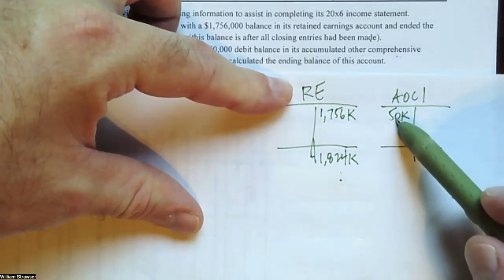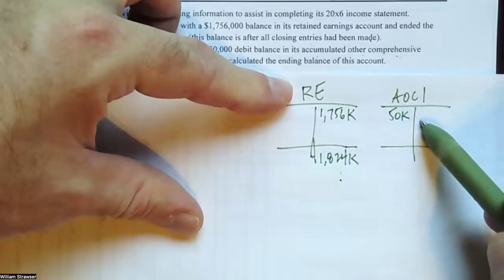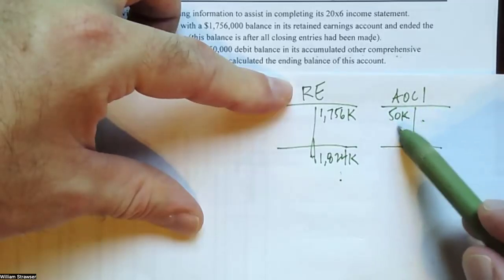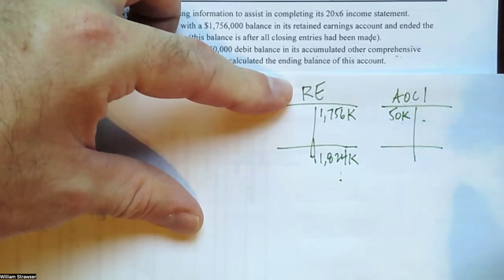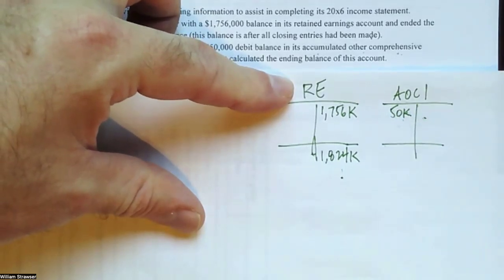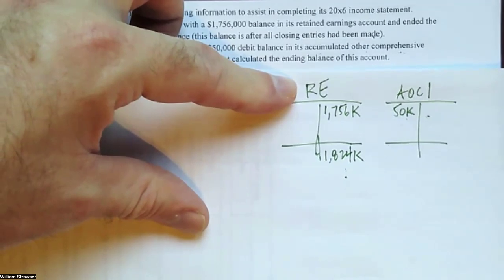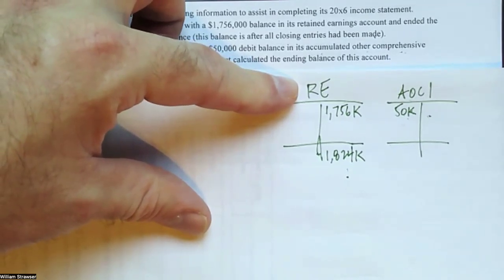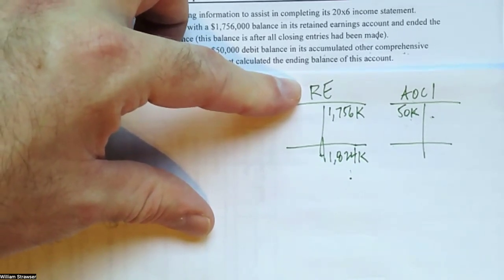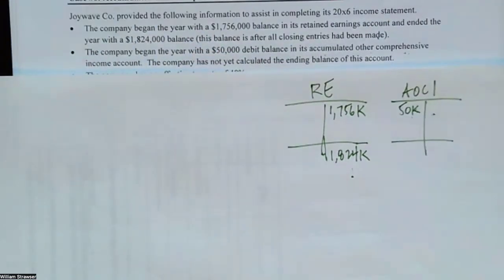AOCI is one that can and frequently does have debit balances, because remember, we're just looking at that one small portion of the company. Basically, that tiny section below net income, where we put those four effects.